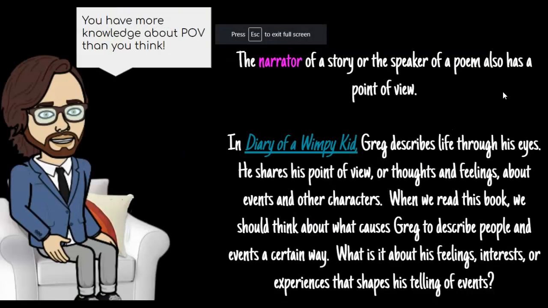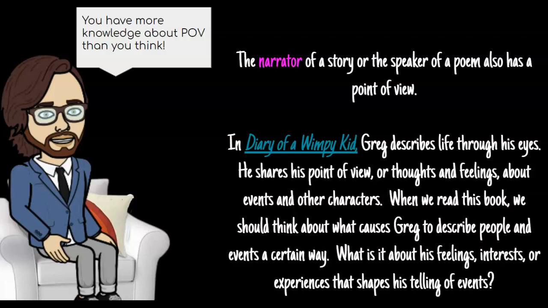So the narrator of a story is the one who's speaking, the one who's giving the story or the poem. For example, in the story Diary of a Wimpy Kid, Greg is describing his life through his eyes. He shares his point of view, how he's thinking, how he's feeling, how he views different characters and events that are happening in the story.